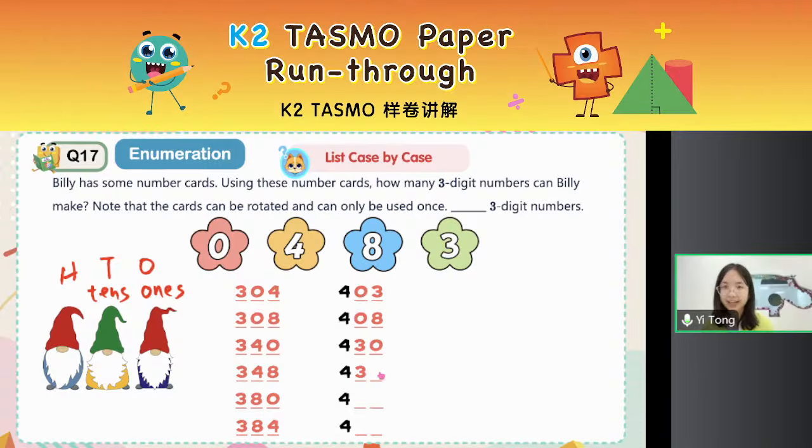And 4, 3, and 8. 4, 8, 0. 4, 8, 3. Okay, so you see the pattern. We can start with 0 and another number, and then we can put the 0 in the end, right?